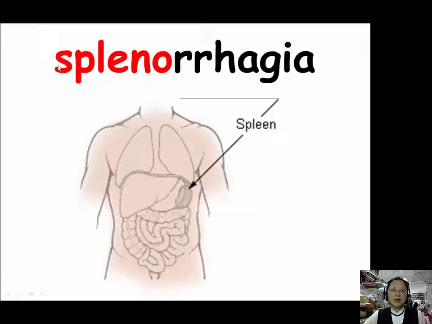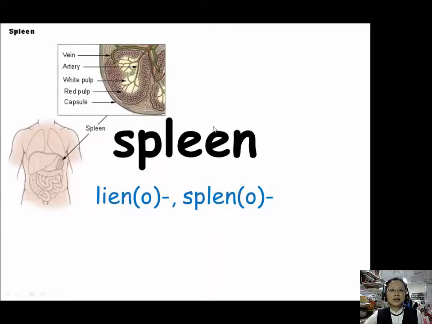And our example for spleno is splenorrhagia. Splenorrhagia is hemorrhage of the spleen. If our spleen is bleeding, it's called splenorrhagia. For spleen, we have two prefixes: lieno and spleno, SPLENO.